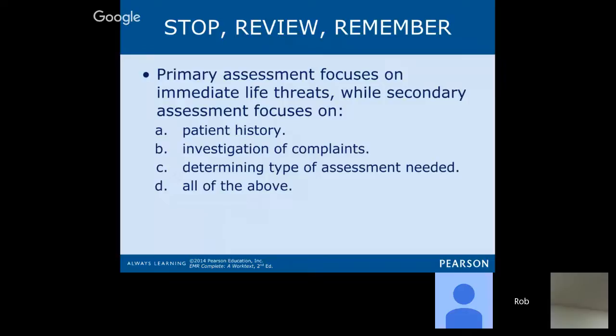So, all right, primary assessment focuses on immediate life threats, while secondary assessment focuses on... Yes, go with it. Yeah, go with it. All of the above? Yeah, D. Good job.